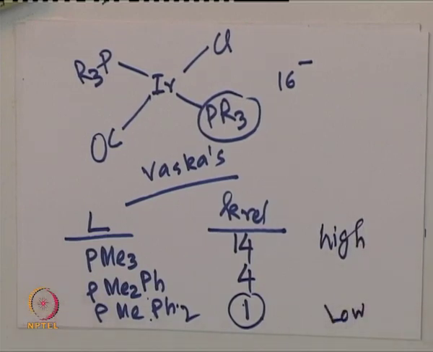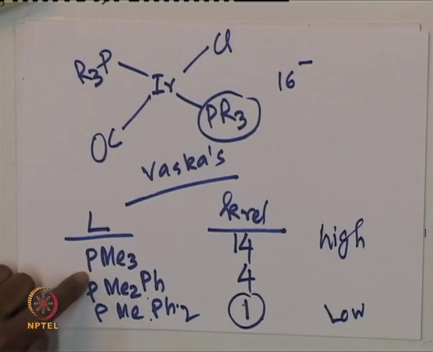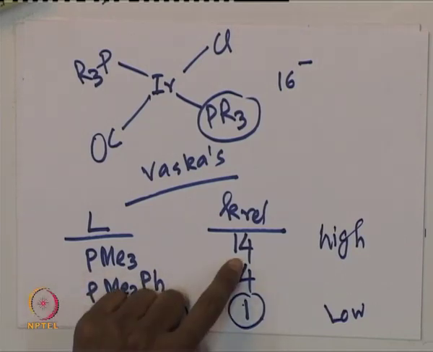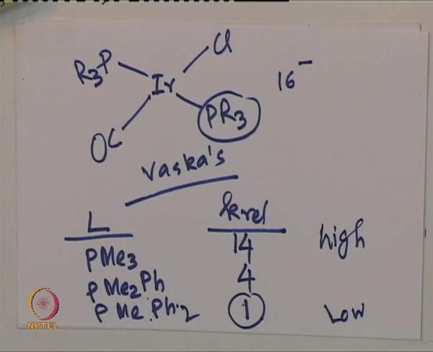This can once again be explained by the size of the ligand and by its electron richness. Trimethylphosphine is the smallest in size and also the most electron rich, and therefore the relative rate constant is the highest in the case of trimethylphosphine.